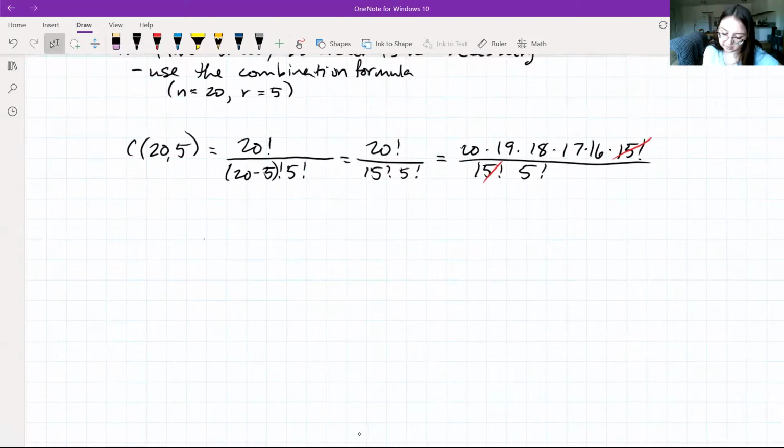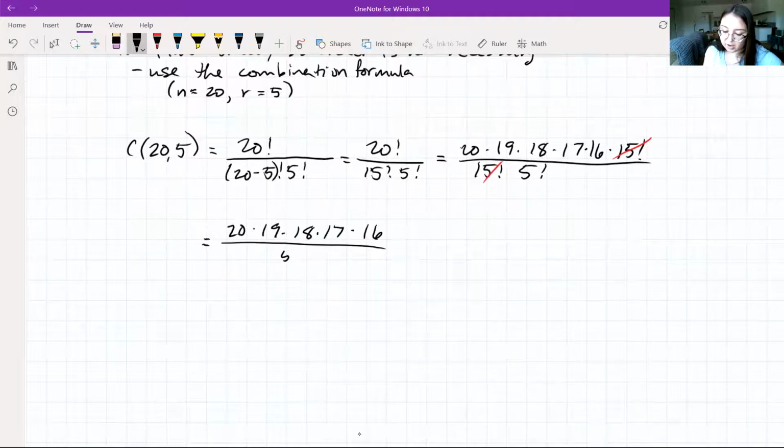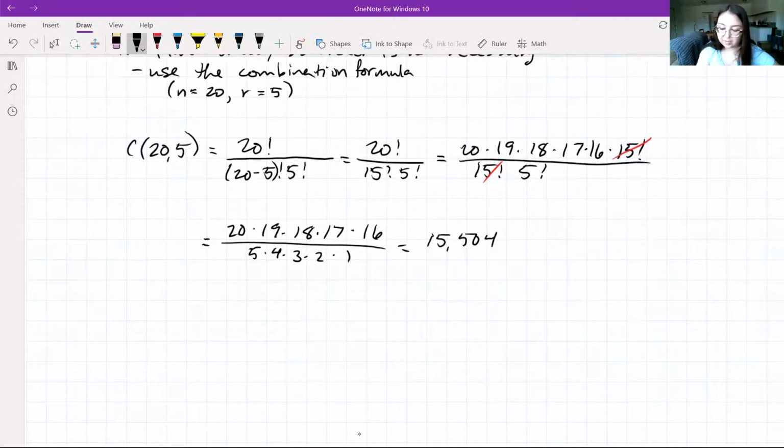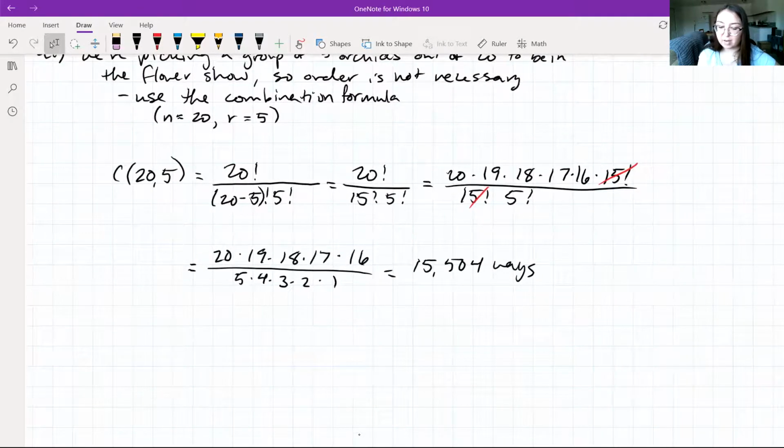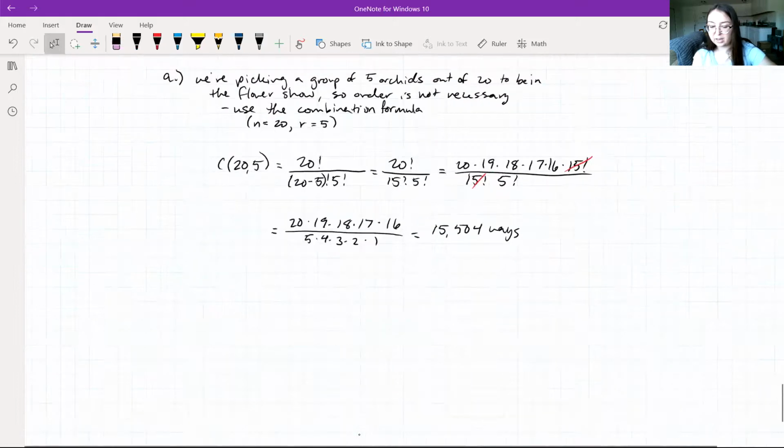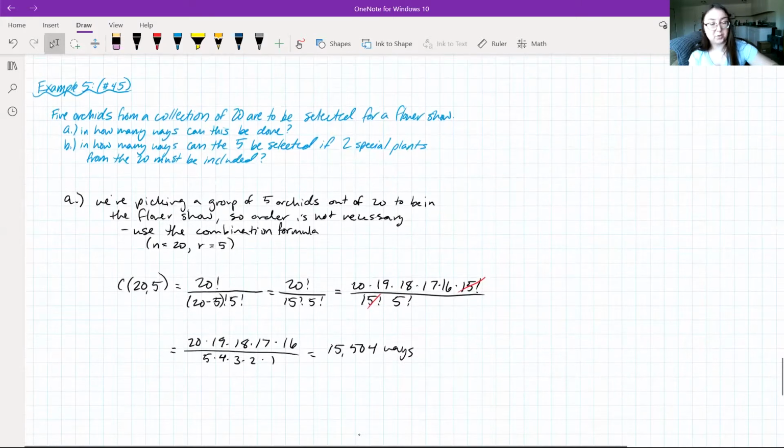When we simplify this down, we get 20 times 19 times 18 times 17 times 16, all divided by 5 factorial, which we know is 5 times 4 times 3 times 2 times 1. Now when we simplify this, we end up getting 15,504 ways in which we can just pick 5 out of 20 orchids, just a group of 5.